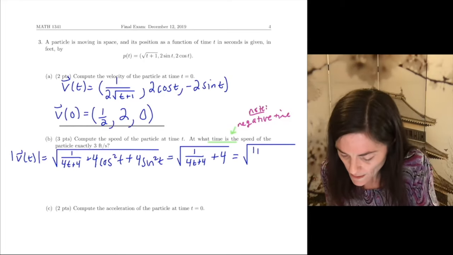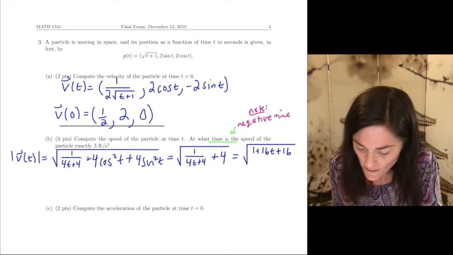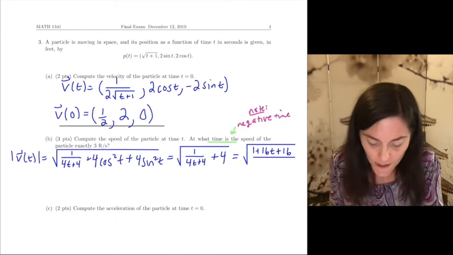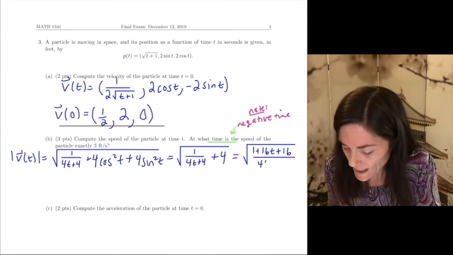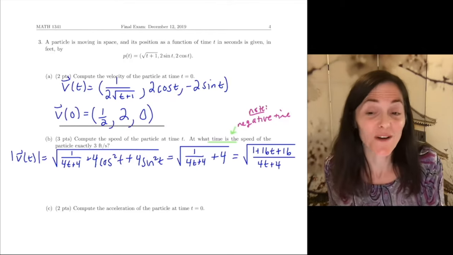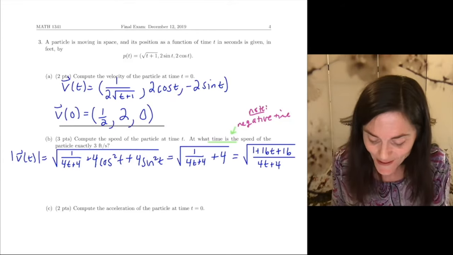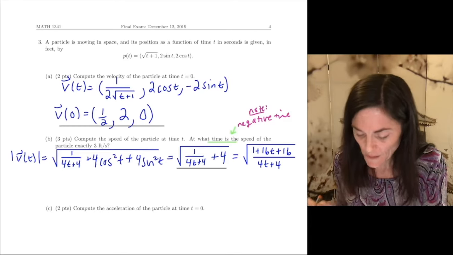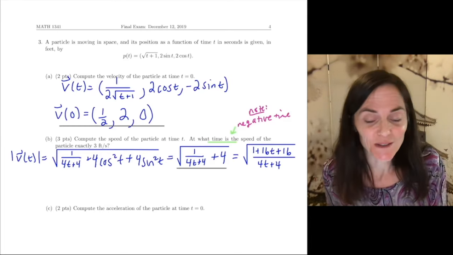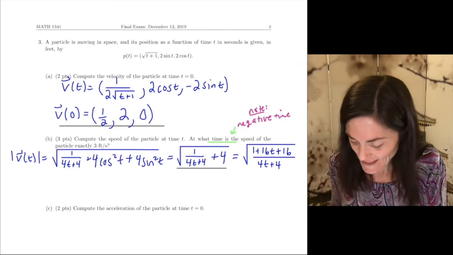This would be 1 plus 16t plus 16 all over 4t plus 4. Maybe I'll leave it like this on this line. So this is fine. Either one of these, maybe I'll underline this one as my formula for speed, but it's also equal to this right here.